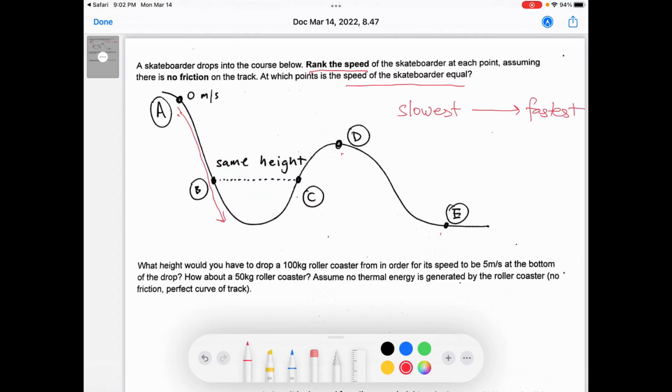Will your speed increase or will it decrease? So your speed increases. When you move down a hill, your speed increases. And when the skateboarder goes back up the hill, the speed decreases.